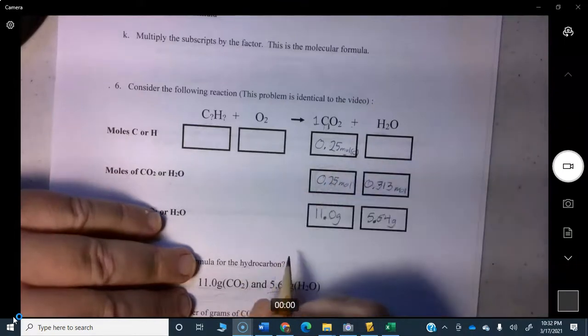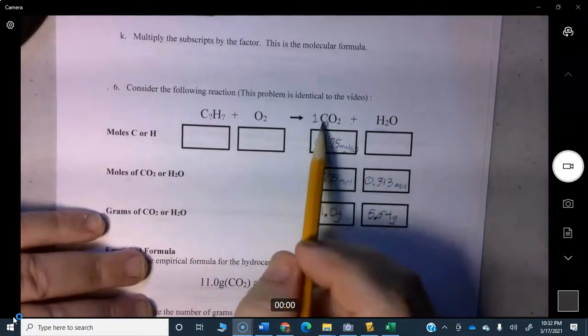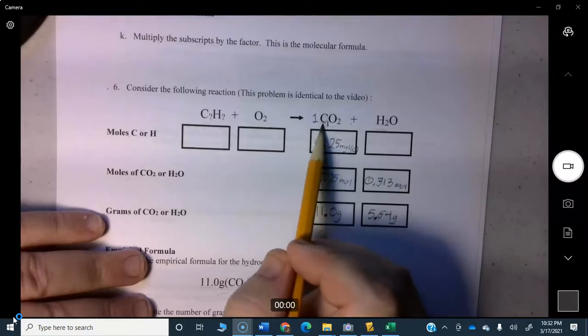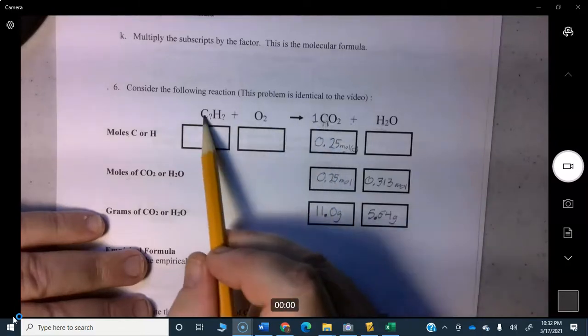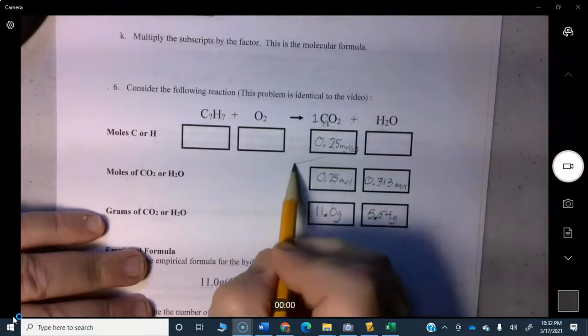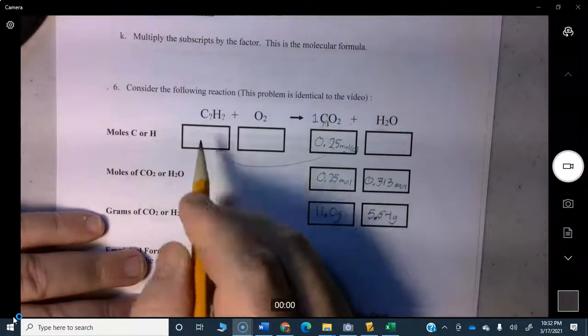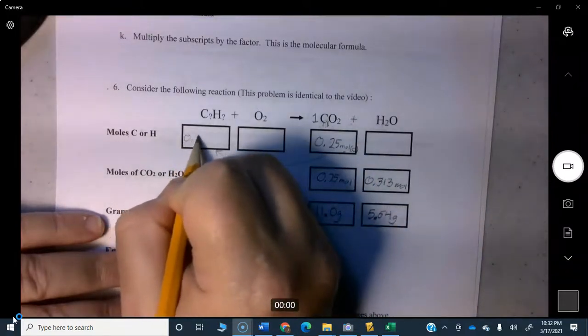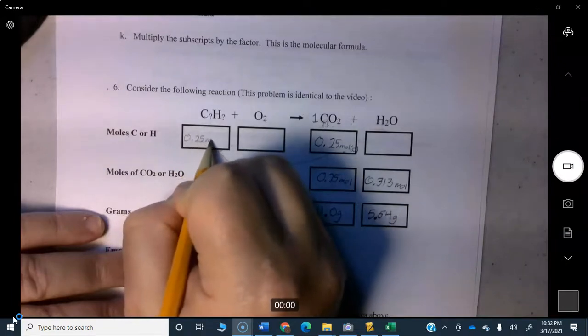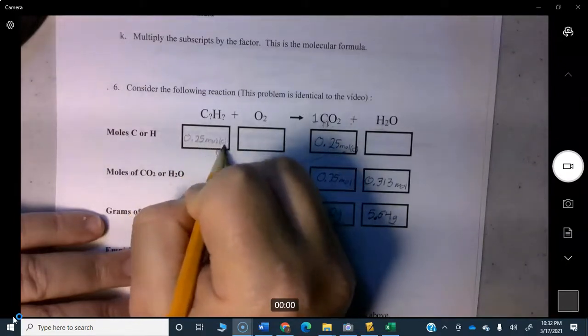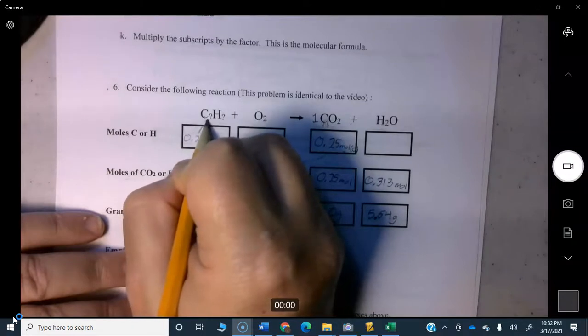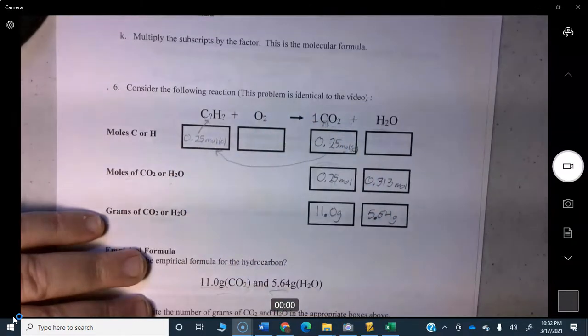Okay, so all the carbon that's here could have only come from one place. Therefore, this number is going to get transferred over to here, and that's going to be 0.25 moles of carbon, which is going to be that subscript right there, that first question mark. That would be 0.25. At least that's our temporary subscript.